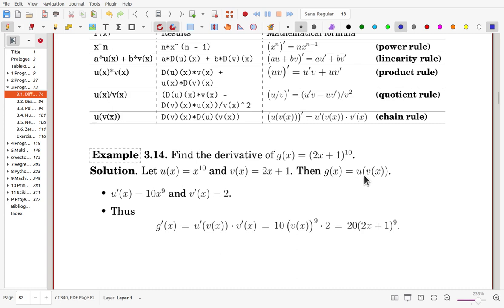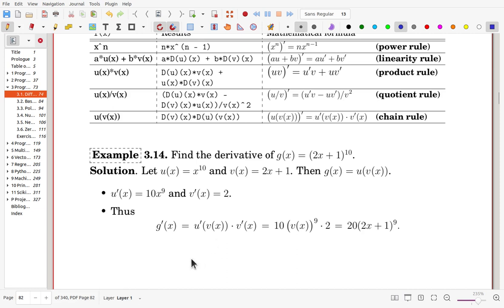Now, if we are using the chain rule, then the derivative of u of x is 10 x to the 9, and the derivative of v is 2.